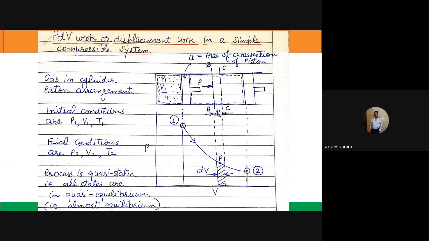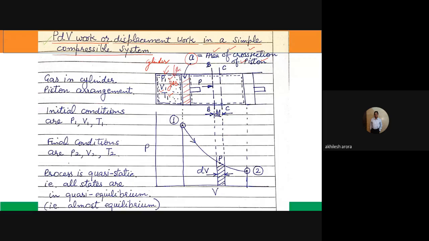What I am considering here is a piston cylinder device. The initial position of the piston is here. This is the piston, and its area of cross section is A. Inside this cylinder there is a gas, and the pressure of the gas is P1, volume is V1, temperature is T1, and this is the boundary.